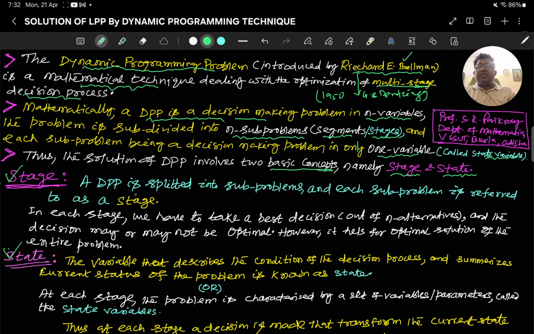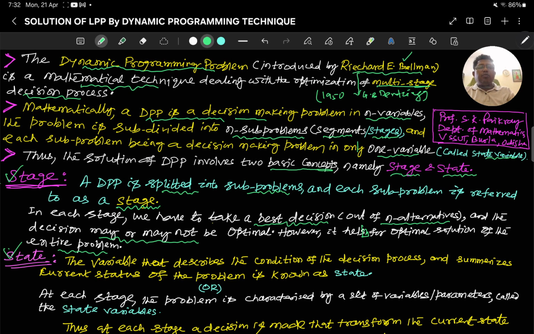So what is a stage? A DPP is subdivided into subproblems, and each subproblem is called a stage. In each stage we have to take the best decision, the optimal decision out of all possible alternatives, and the decision may or may not be optimal, but it will help for the optimal solution of the entire problem.